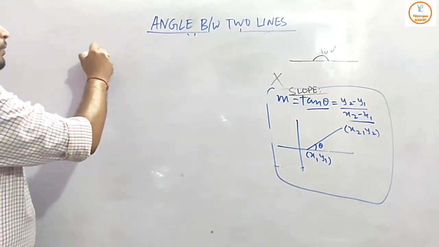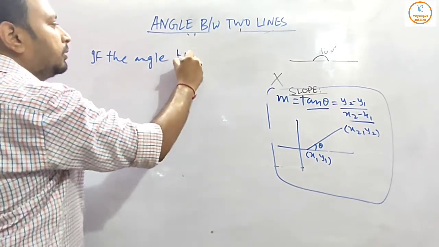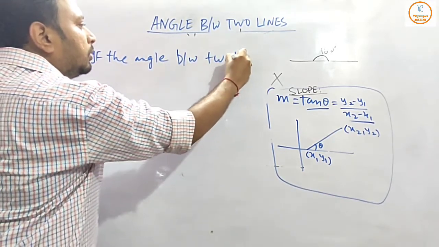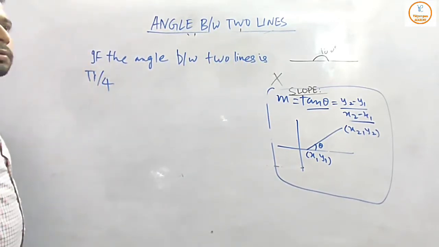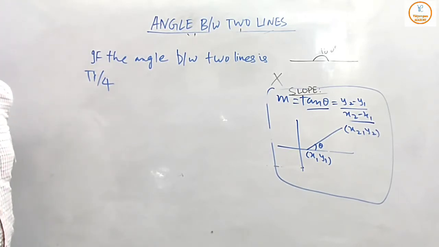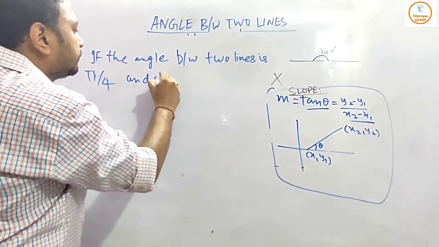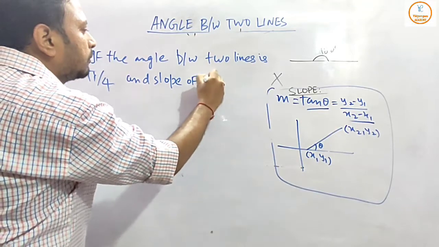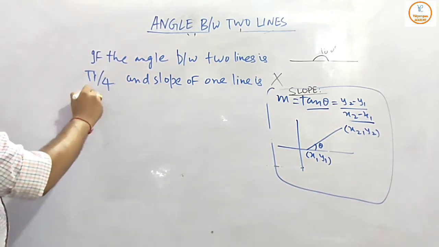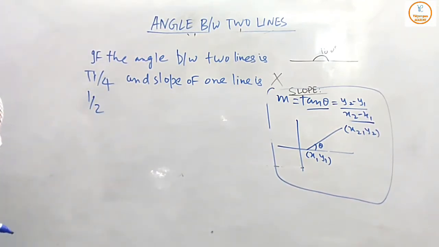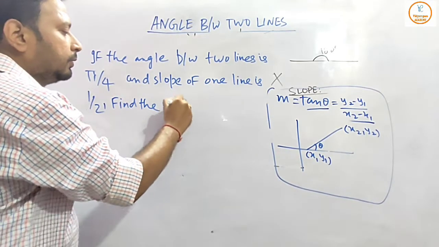If the angle between two lines is pi by 4, and the slope of one line is 1 by 2, find the slope of the other. Do it fast. Find the slope of the other.